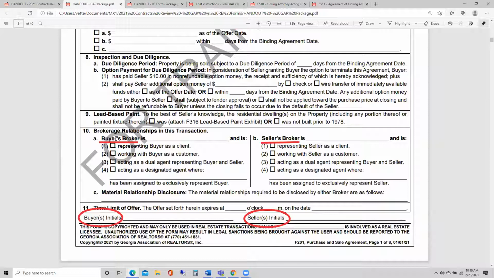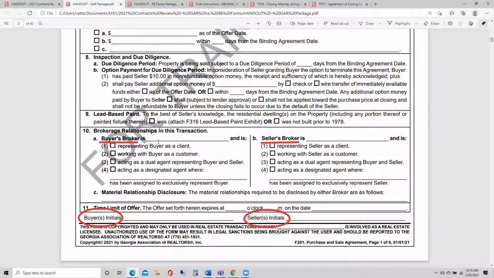The broker working with the buyer used to be called the selling broker, it's now called the buyer's broker. And the broker working with the seller is now called the seller's broker, and it used to be called the listing broker.